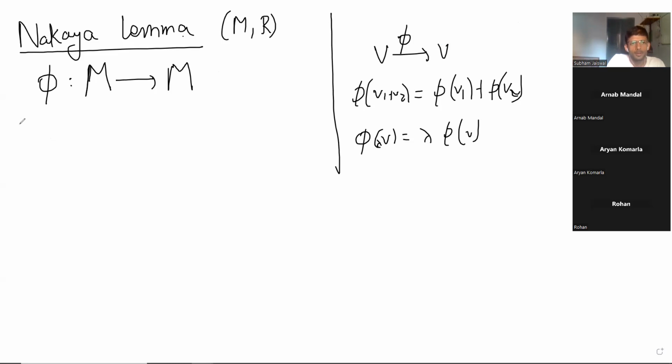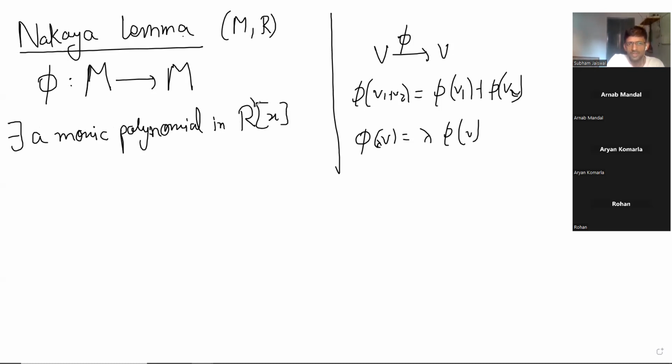That's quite important. So there exists a monic polynomial in this. Now this is not a field anymore.